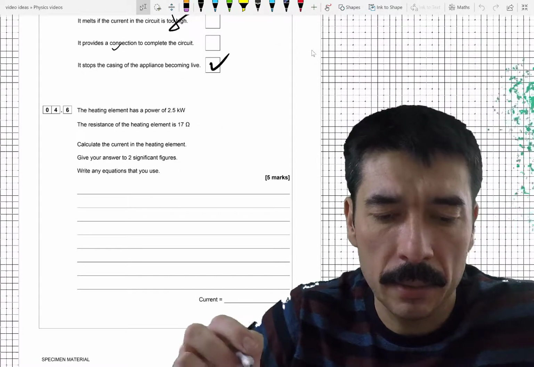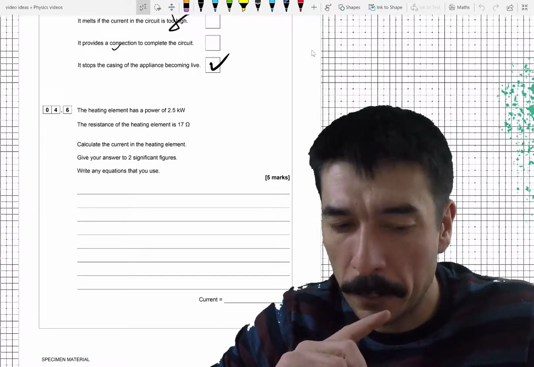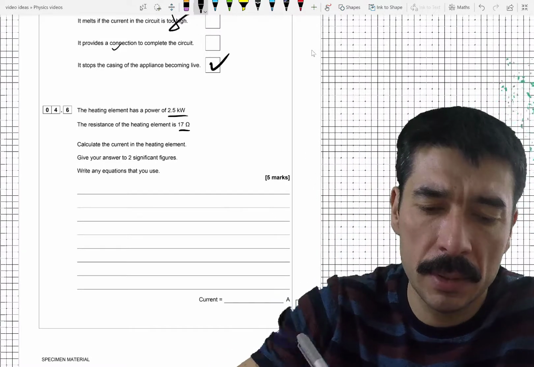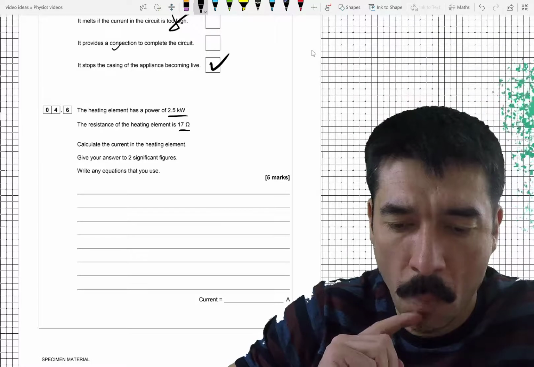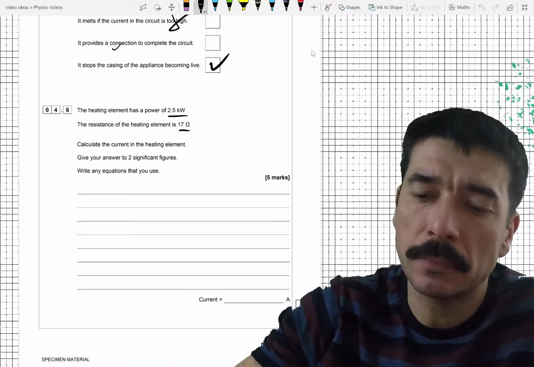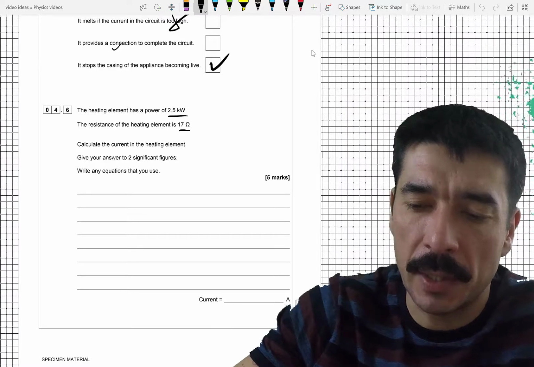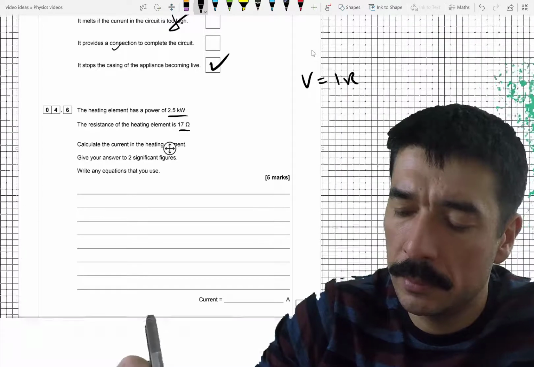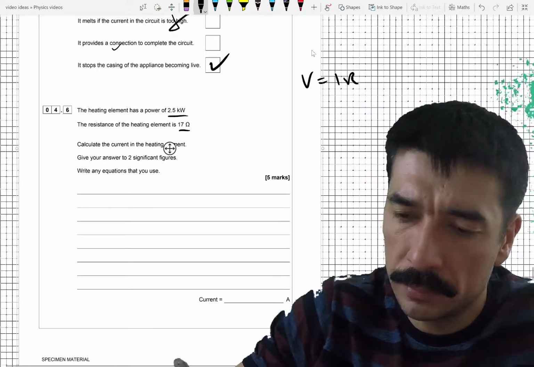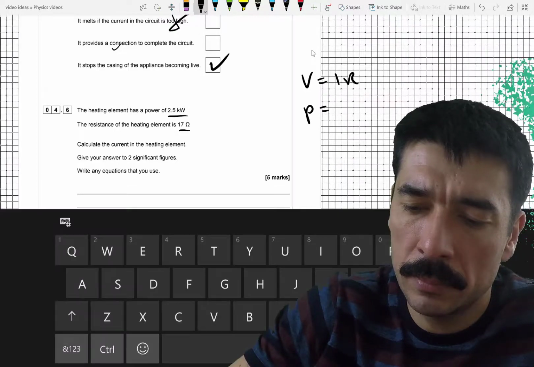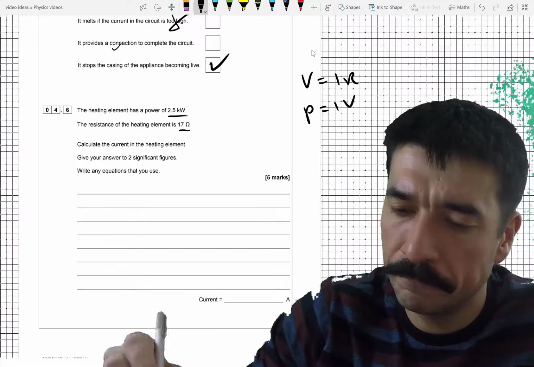The heating element has a power of 2.5 kilowatts. The resistance of the heating element is 17 ohms. Calculate the current. Okay, you're not given any equations. So there's a couple of equations we could think about. We've got Ohm's law, V equals IR. We've got power equals IV.